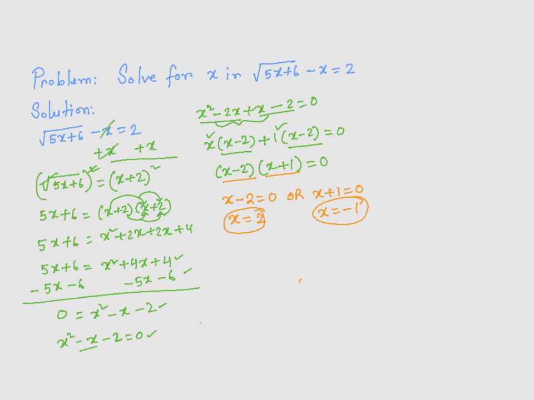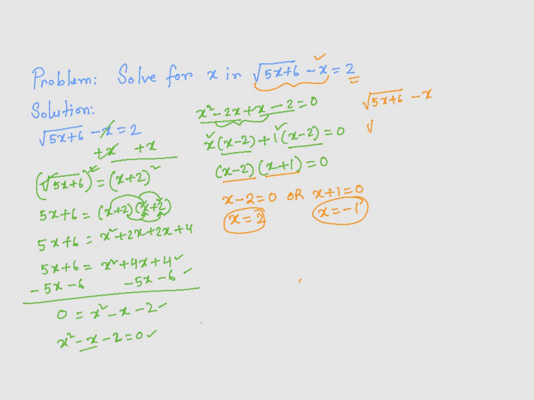I need to take these values and plug them back into the equation to check, to make sure that these values for x actually are in fact the solutions to this given equation. So now let's go ahead and plug it into the left-hand side and see if we get a 2, because 2 is on the right. So square root of 5x plus 6 minus x.